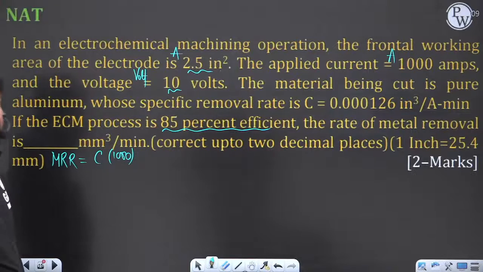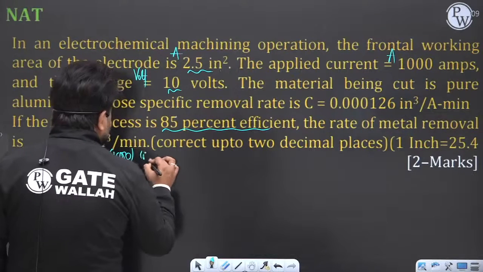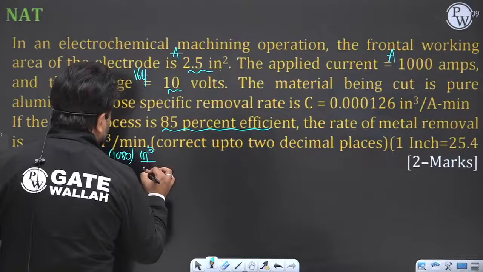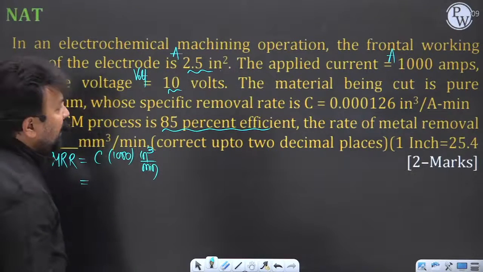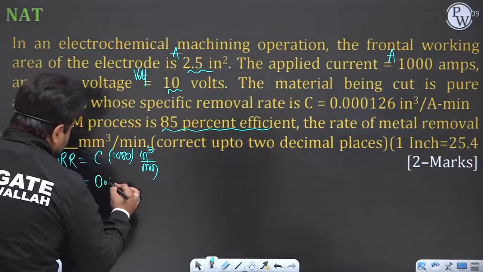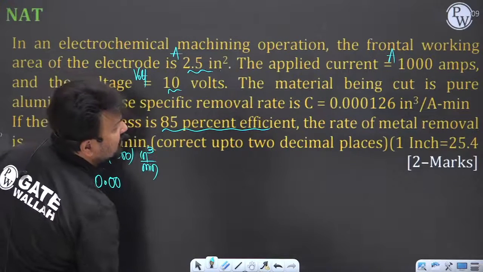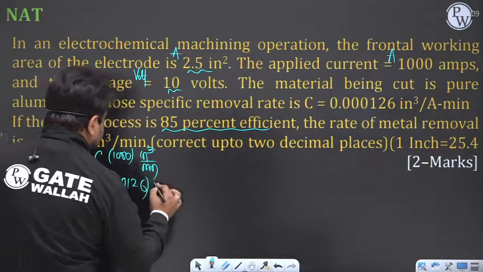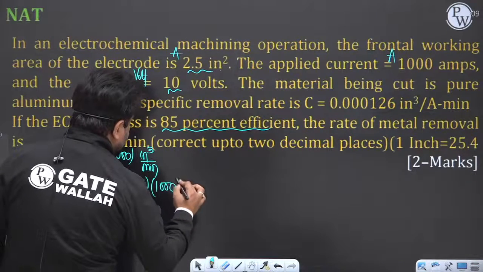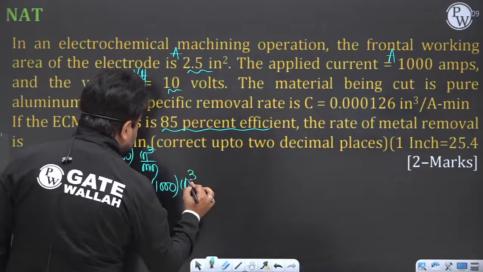The value of C is 0.0000126 times 1000 inch cube per minute.